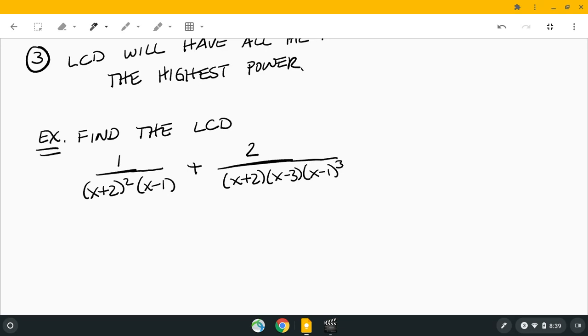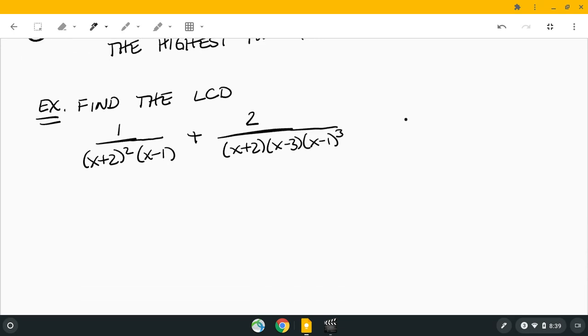Okay, so you can think of these factors like families. Okay, and what you're going to do is you're going to find your LCD. Okay, and your LCD, it's like it's going to list the families that are in the denominators.